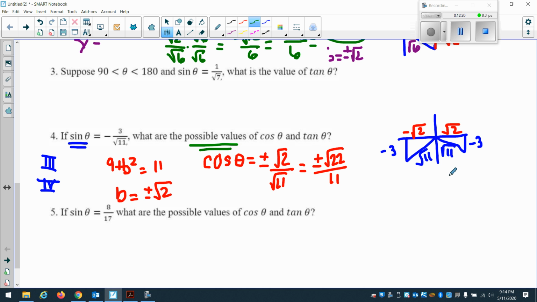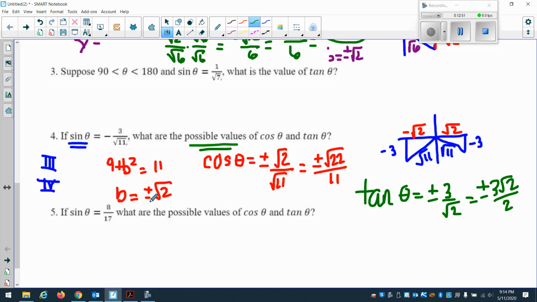Now tangent is going to be the same thing. However, tangent is opposite over adjacent. So we have plus or minus 3 over root 2. Again, you rationalize, so you end up with plus or minus 3 root 2 over 2.